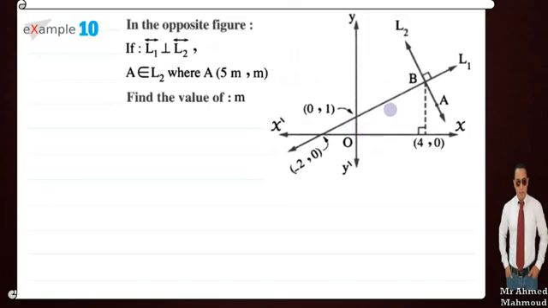Here B, because this line is parallel to the y-axis, so B is 4 and y. B here equals 4 and y.